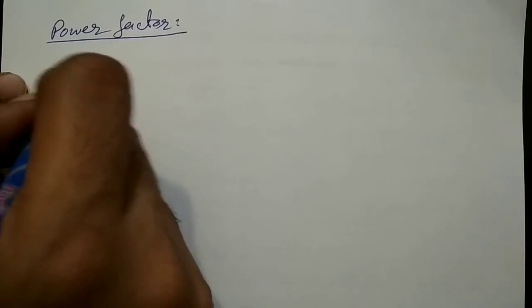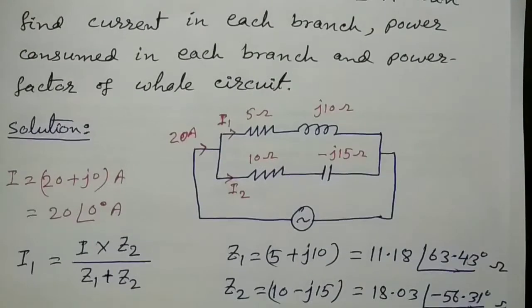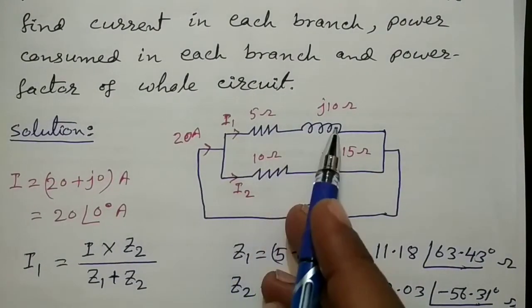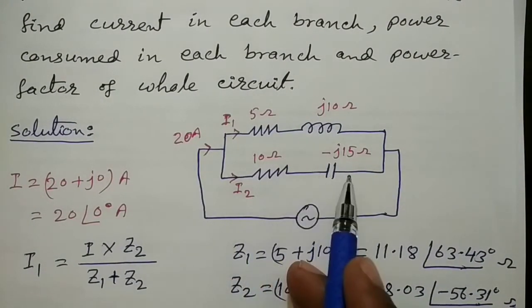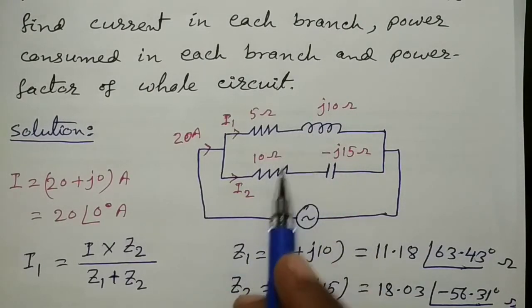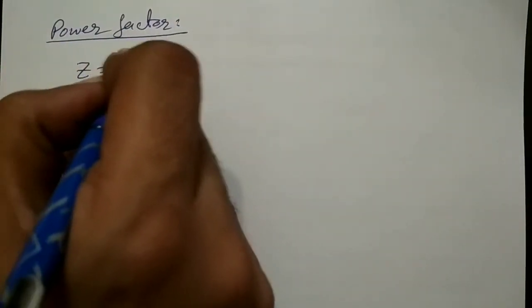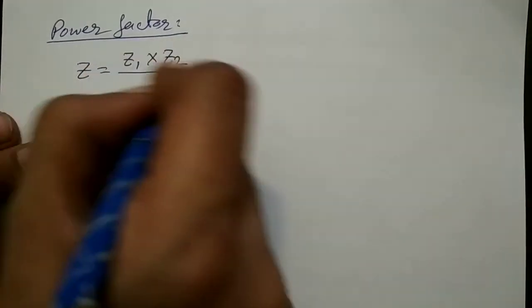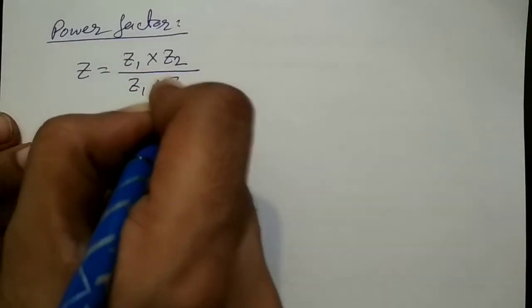Next is the power factor. For the power factor calculation, we will calculate the total impedance of the circuit. As we have seen, the two impedances are connected in parallel, that is 5 + j10 in parallel with 10 − j15. So you can calculate the equivalent impedance of the whole circuit, that is Z1 into Z2 upon Z1 plus Z2.